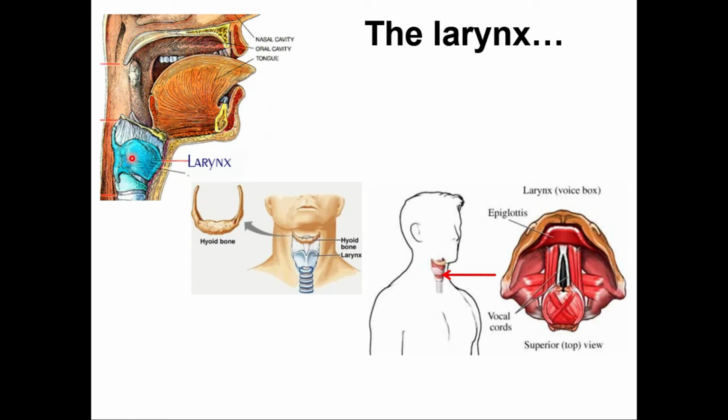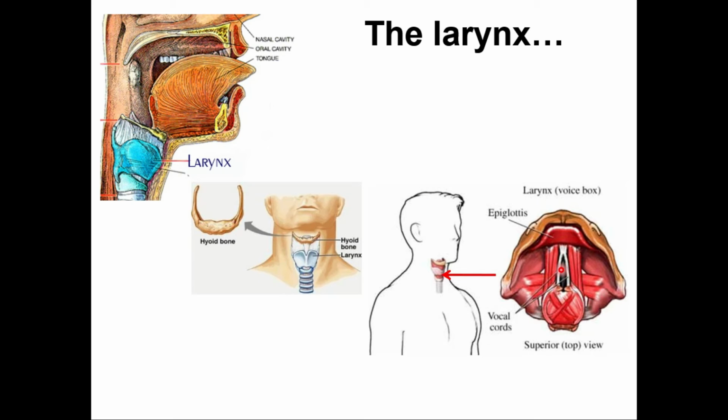Above the vocal cords, the larynx is lined with stratified squamous epithelium, like the laryngopharynx. Below the vocal cords, this epithelium transitions into pseudostratified ciliated columnar epithelium with goblet cells. Besides its main function to conduct air, the larynx also houses the vocal cords.